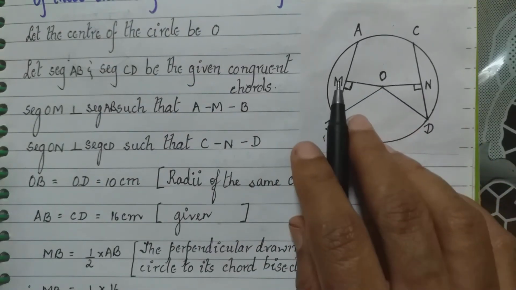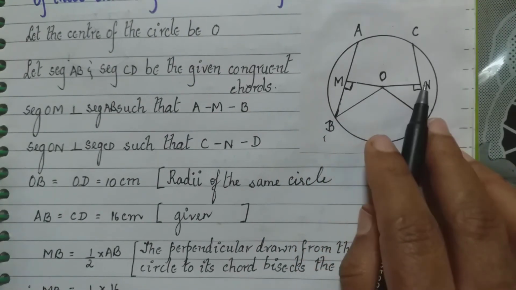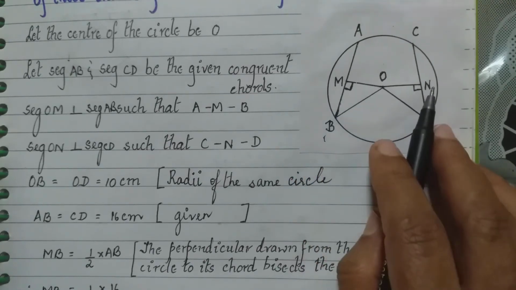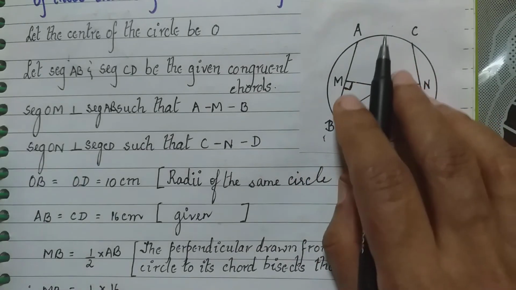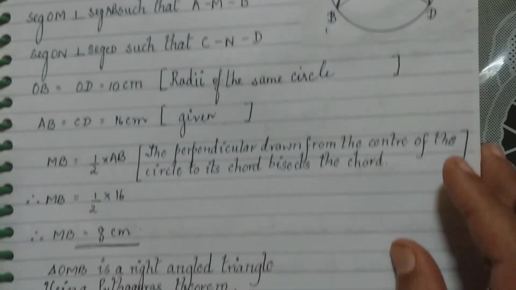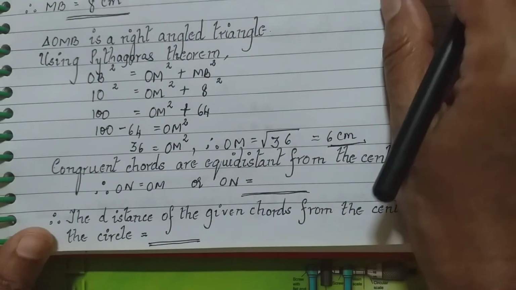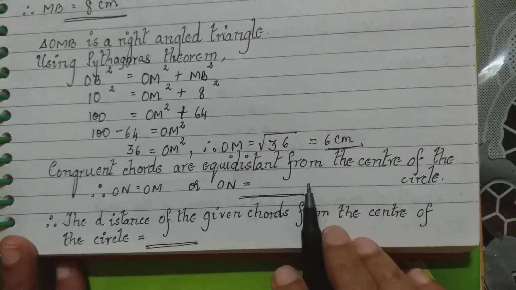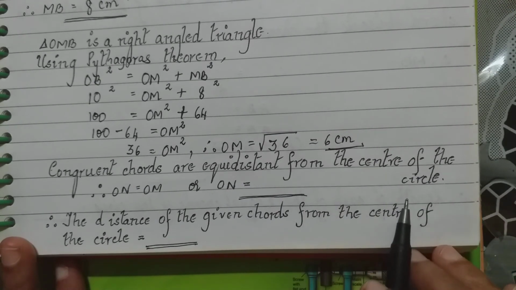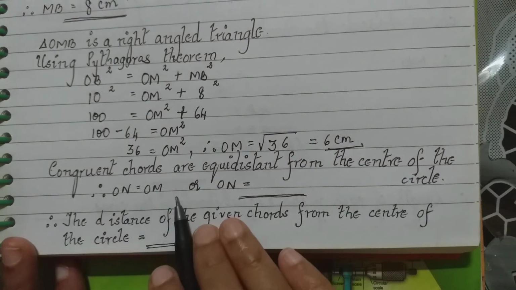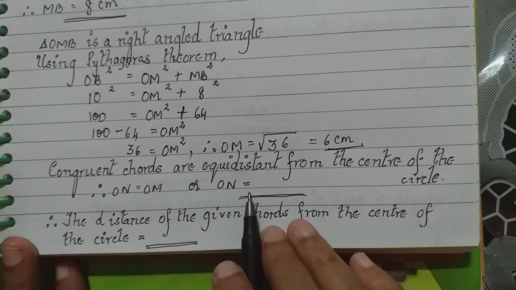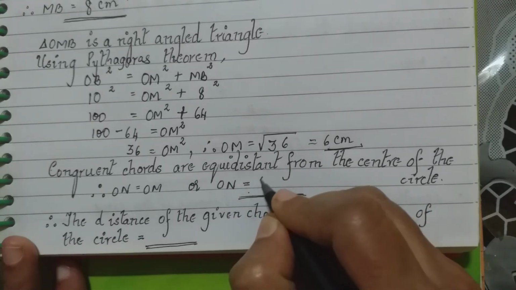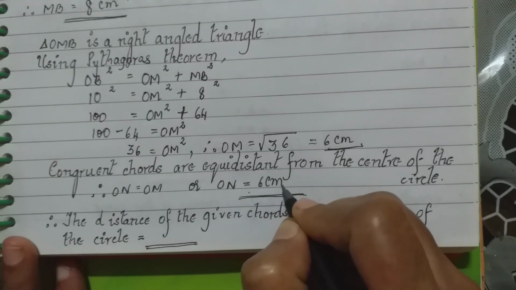So if OM is 6 centimeter, ON also is 6 centimeter, because OM equal to ON, since the congruent chords are equidistant from the center of a circle. So here we write the property first. Congruent chords are equidistant from the center of a circle. Therefore, ON equal to OM, or ON also is equal to 6 centimeter.